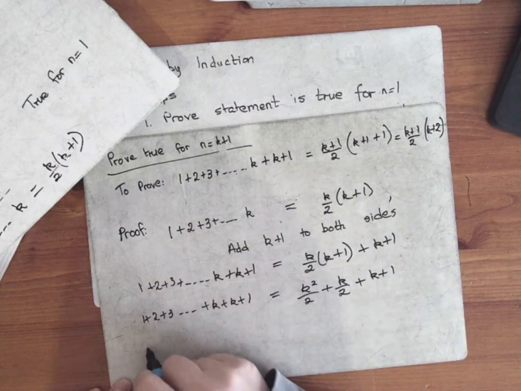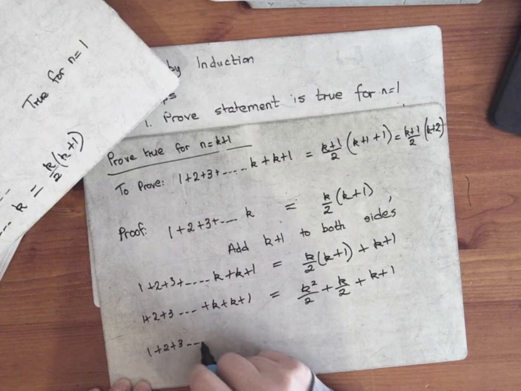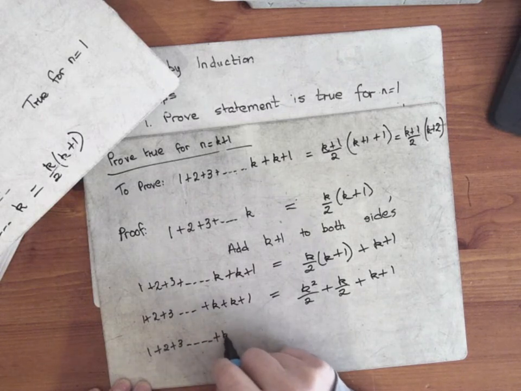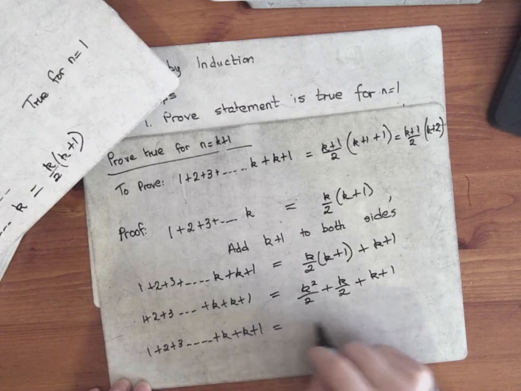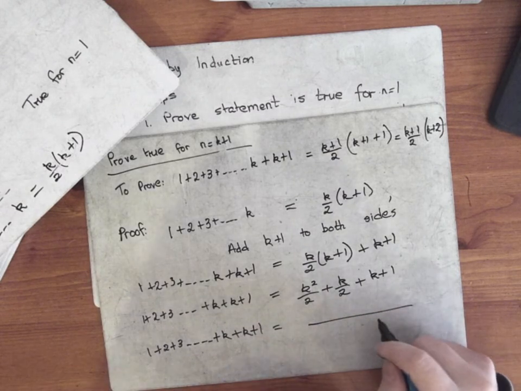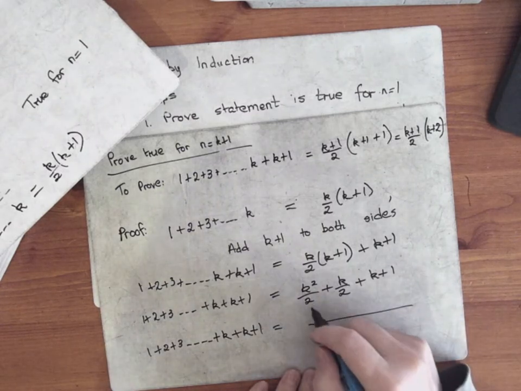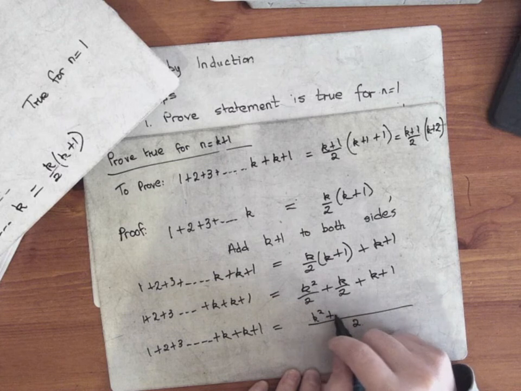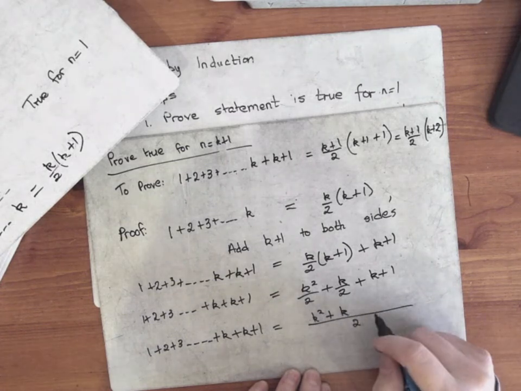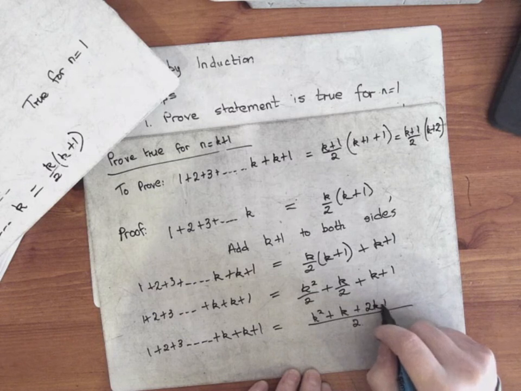There is a shorter way, but I'm just thinking the easiest way to see would be just get a common denominator. So I have k squared plus k plus 2k plus 1.